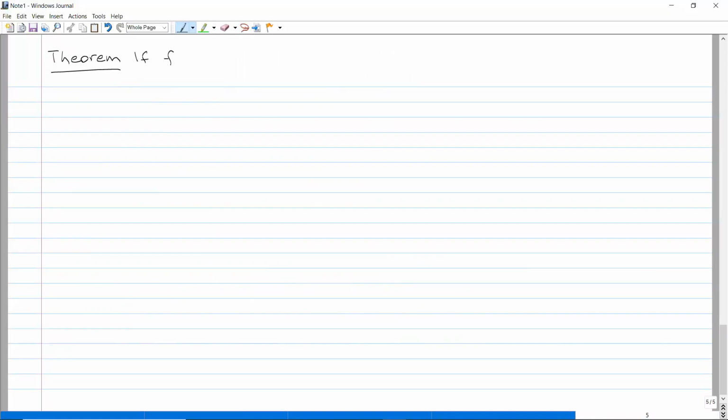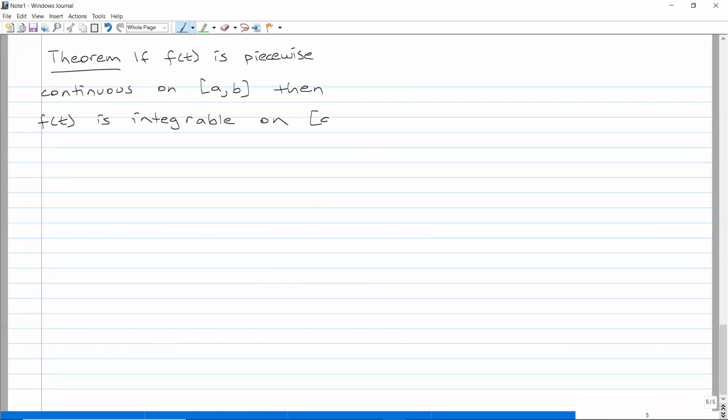If f is piecewise continuous on a finite interval AB, then f is integrable on this interval.